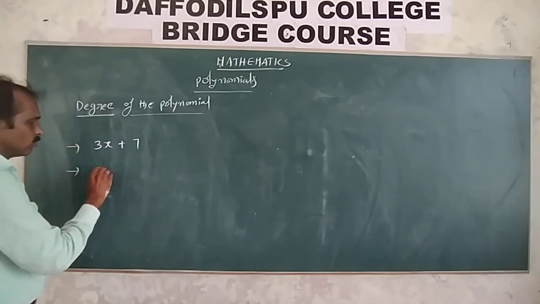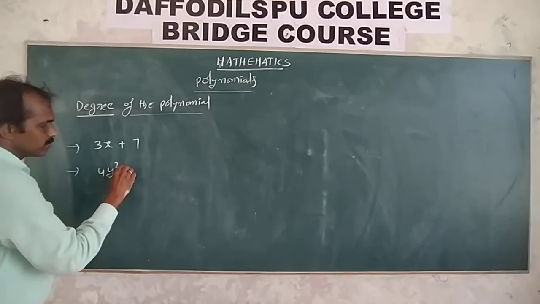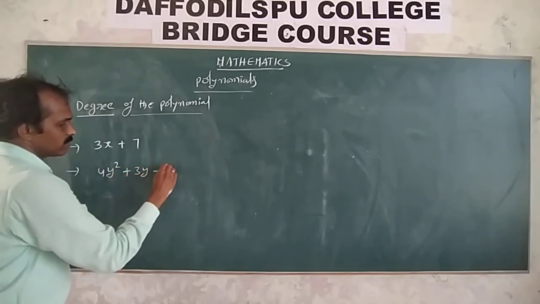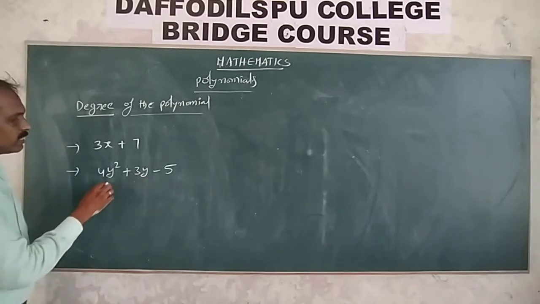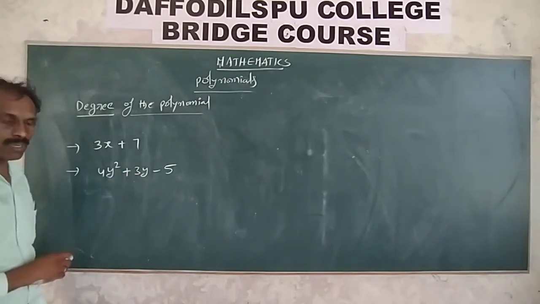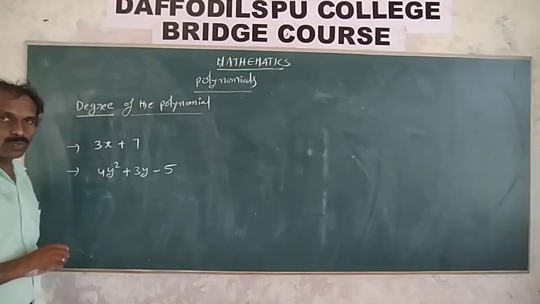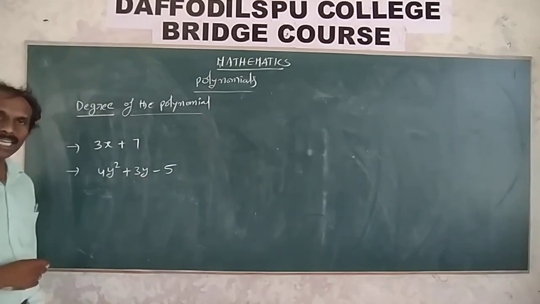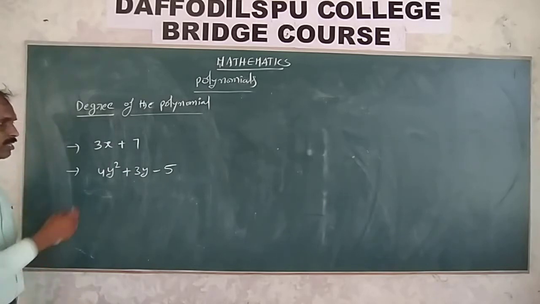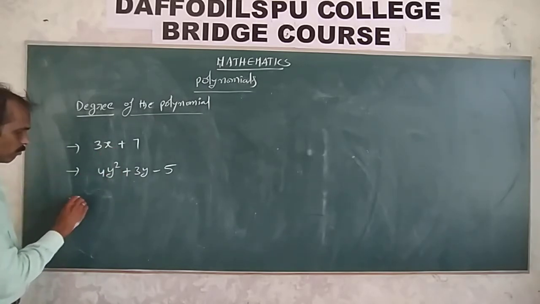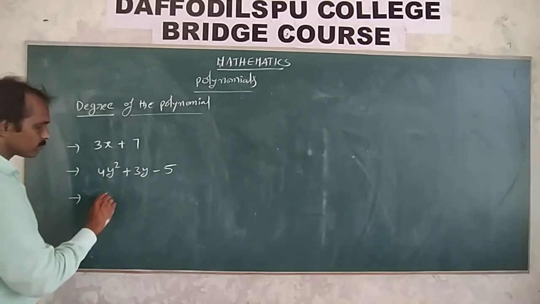Next, 4y square plus 3y minus 5 is a polynomial in terms of y and its power is 2. This is a second degree polynomial, and another name is quadratic polynomial. First degree, second degree quadratic polynomial. Right. Next one.